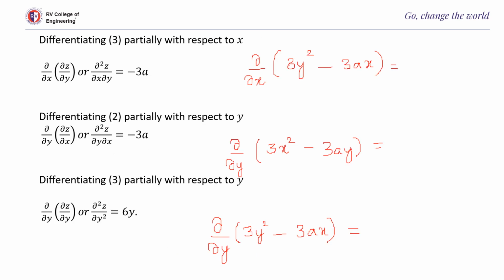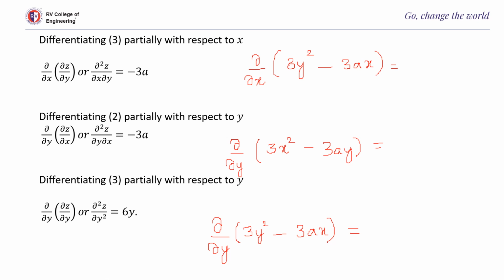Moving further, now let us differentiate equation 3 partially with respect to x. Now, it is ∂/∂x of ∂z/∂y. ∂z/∂y is nothing but 3y² − 3ax, so this is to be differentiated with respect to x.